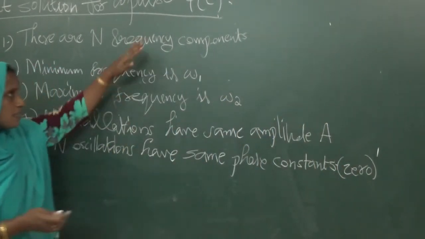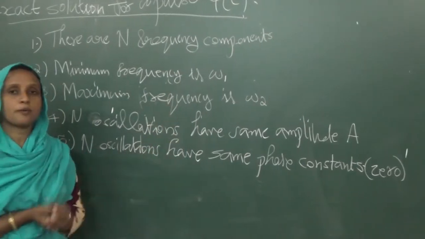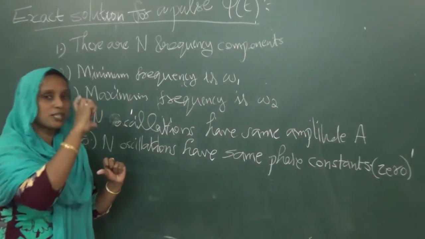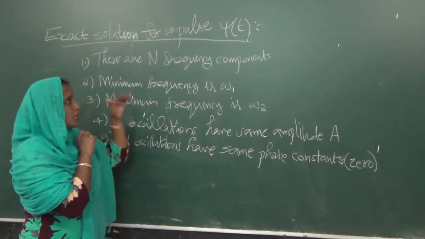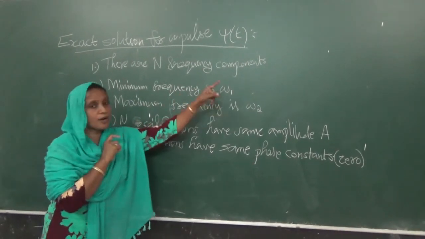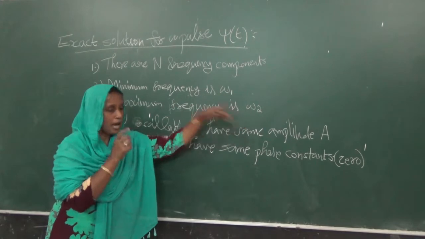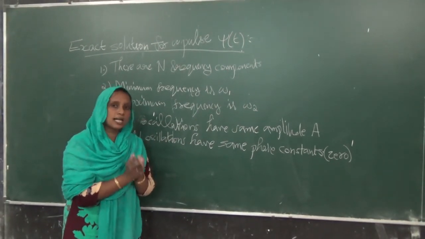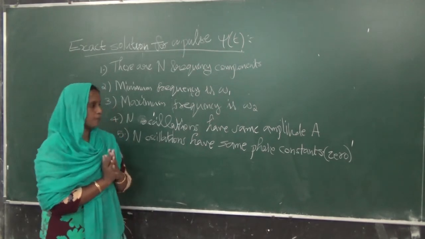These are our assumptions. Now we want to make n frequencies of oscillation in between omega 1 and omega 2 and superimpose them together to construct psi of t.